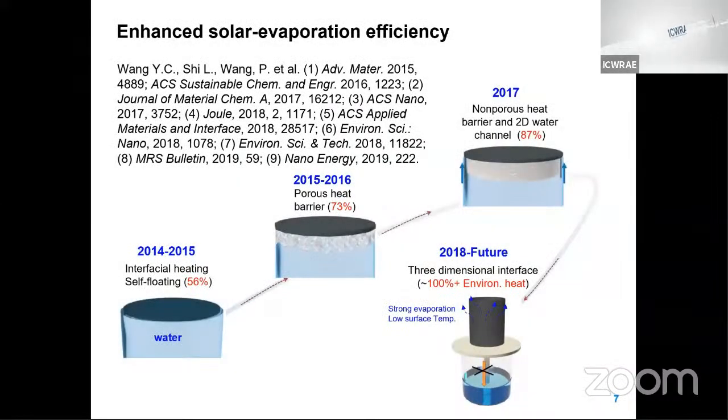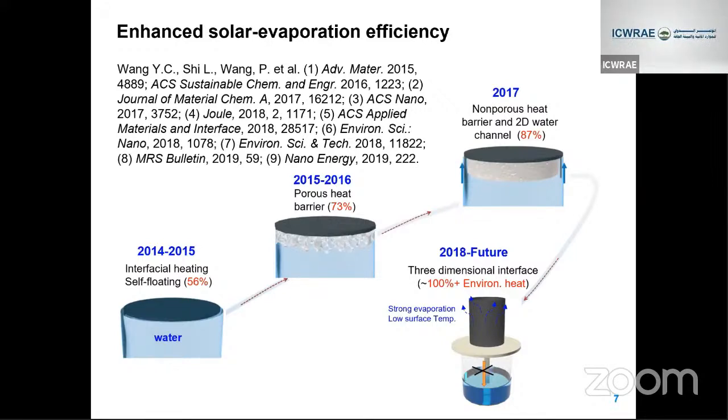So for the first part, solar vapor evaporation. Now, as we know, the conventional solar still has a solar evaporation energy efficiency of around 25%, right? In the past 5-6 years, significant progress has been made in solar evaporation energy efficiency.